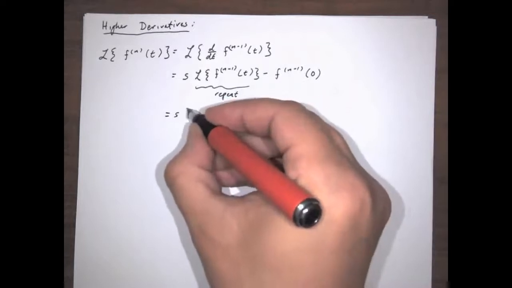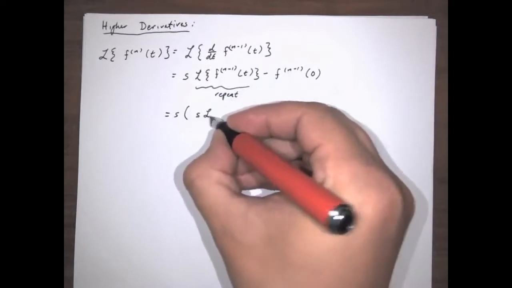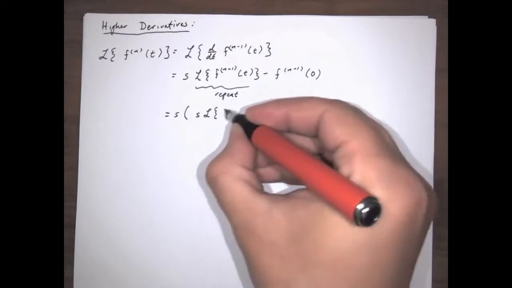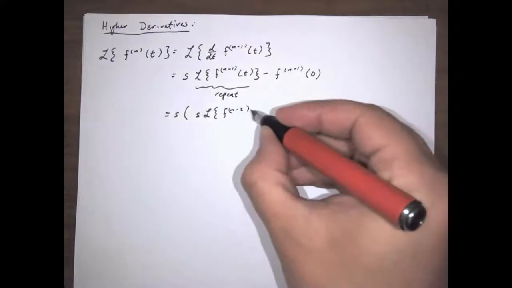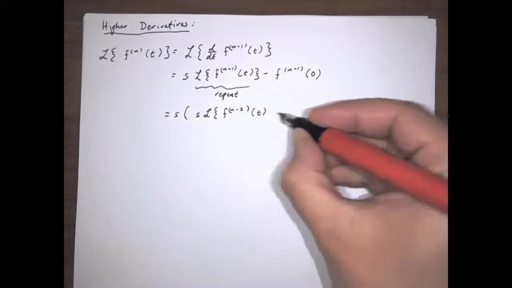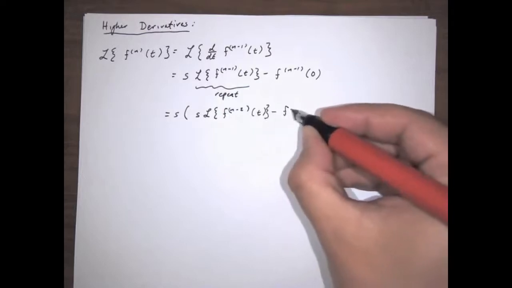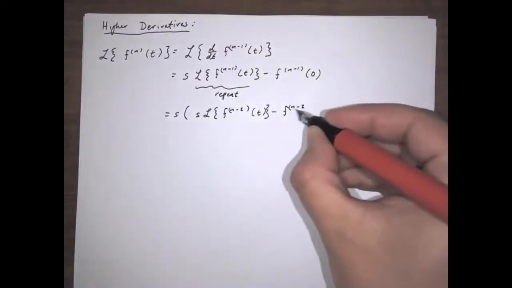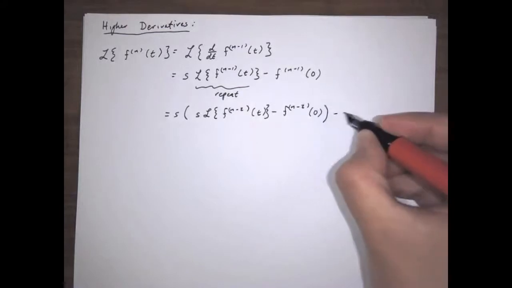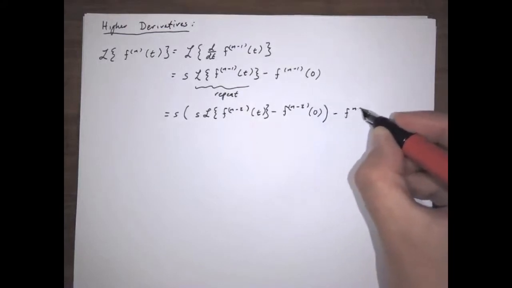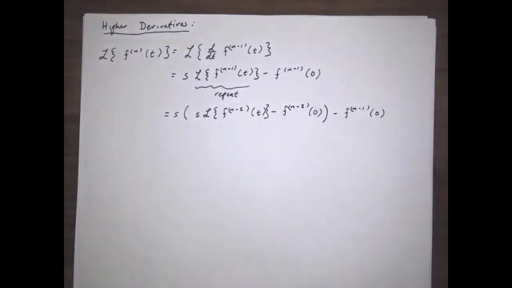And what we've got here is s times, and then it's going to be s times the Laplace transform of f^(n-2)(t) minus f^(n-2)(0) minus f^(n-1)(0).